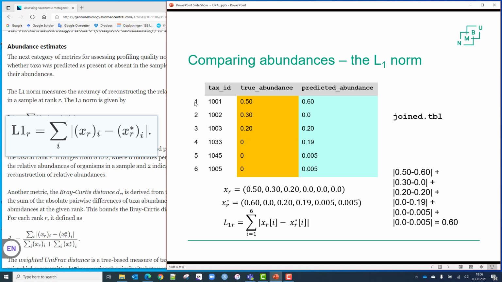So notice we start with I equal to 1. First row, we look at the differences. 0.50 minus 0.60, and then take the absolute value, so you get 0.1. And then plus, we go to the second row, 0.30 minus 0, an absolute value becomes 0.30 here, which we add to the first one, and then we proceed down the table like this, right?